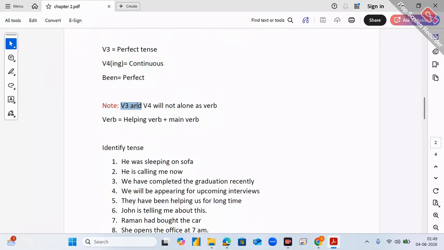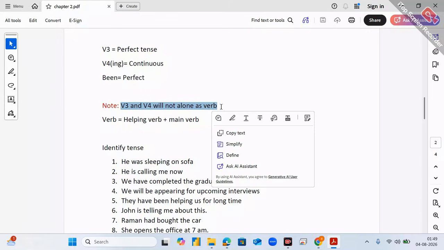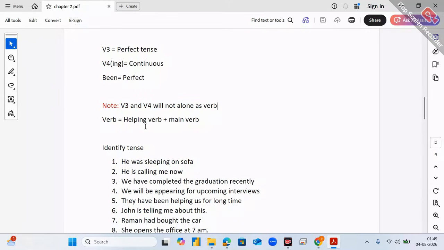Note that V3 and V4 will not come alone as a verb. They will come with their helping verb. Verb is equal to helping verb plus main verb. For example, going, which format is it? Going is V4, right?